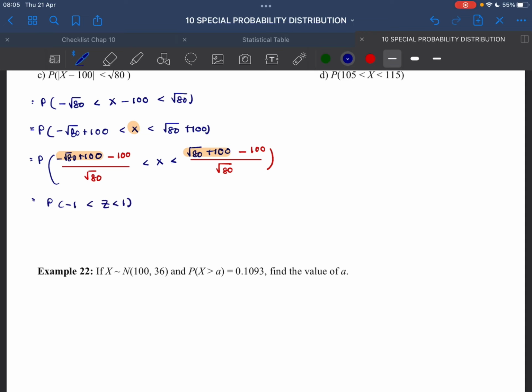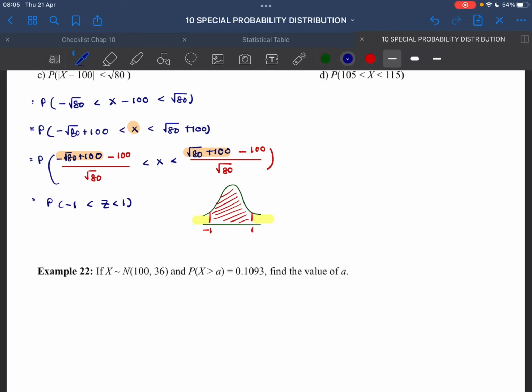Right, so now to find Z between 1 and negative 1, if we can represent that in the bell shape here, this is negative 1, this is 1, so we want the area in the middle here. So just simply 1 minus the one on the left minus the one on the right here.